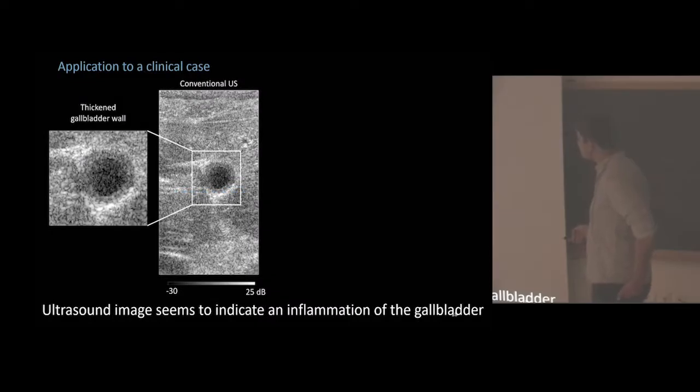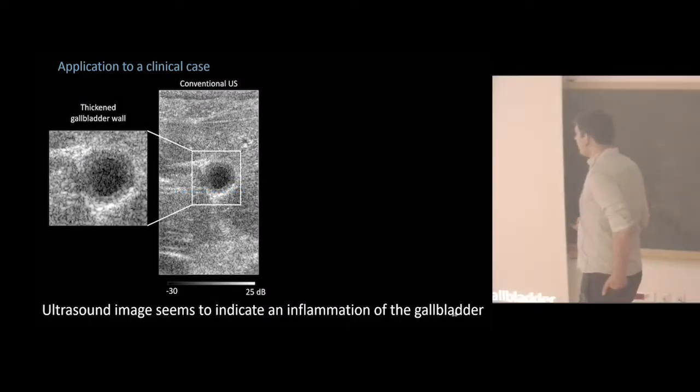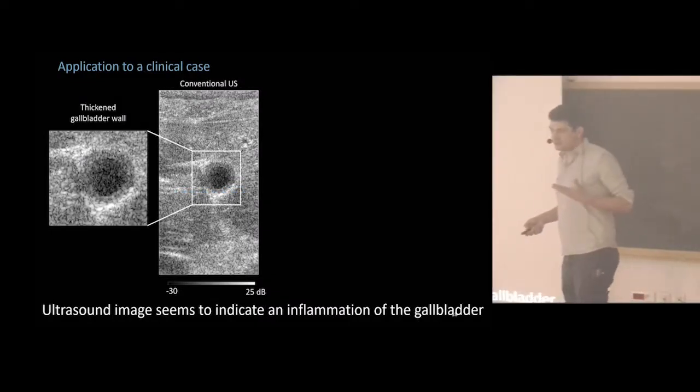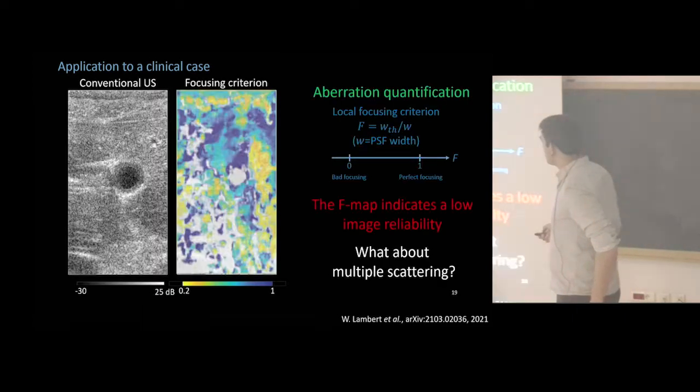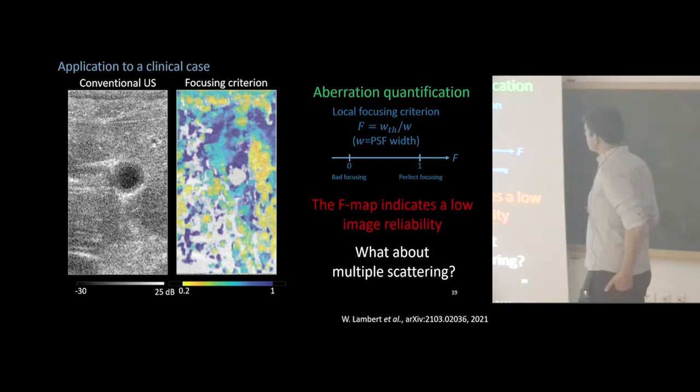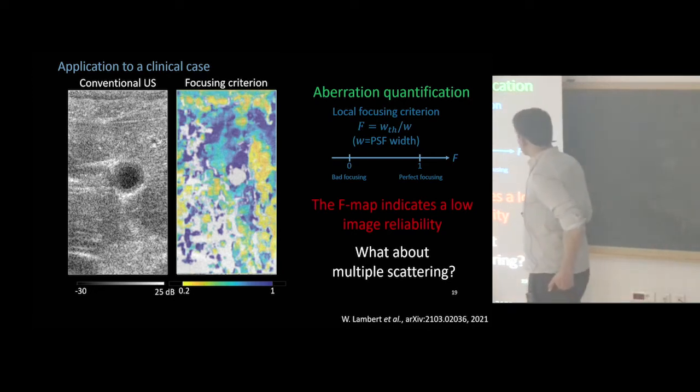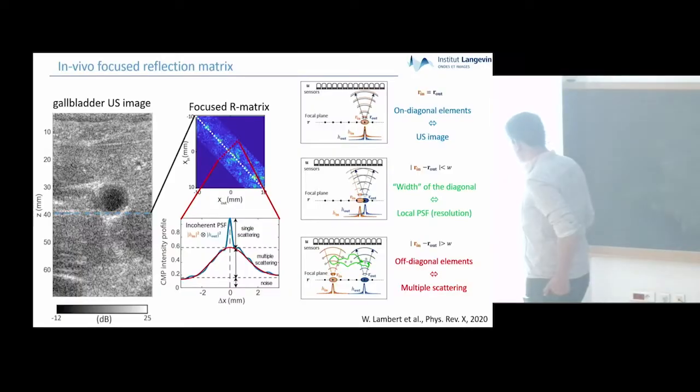So now, let's find some indicators of the focusing quality. I have this gallbladder with a very bad image quality. First, I can quantify the aberrations by introducing a first parameter, which is a focusing criterion. Before, I showed you this curve.